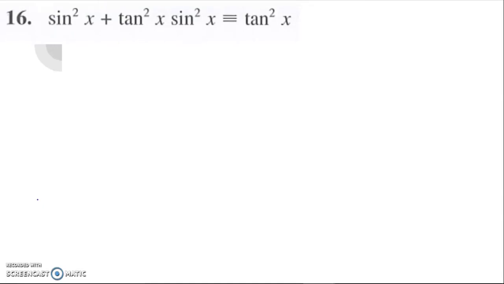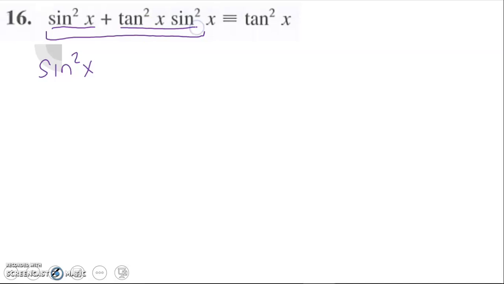For 16, this is actually a pretty quick one. What you can do here is, again, I'm going to be working on this left-hand side, proving that's equivalent to tan squared x. What you can simply do is factor out sine squared x, right? Because notice sine squared x is here.